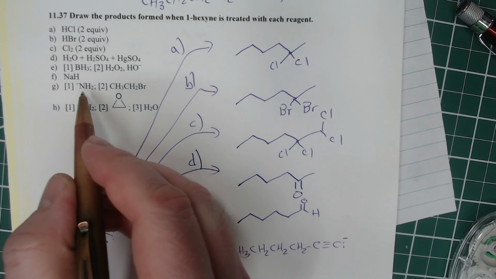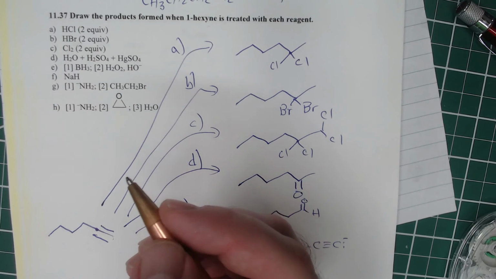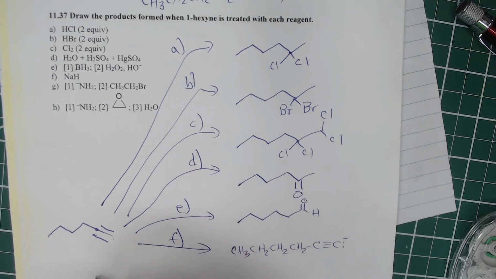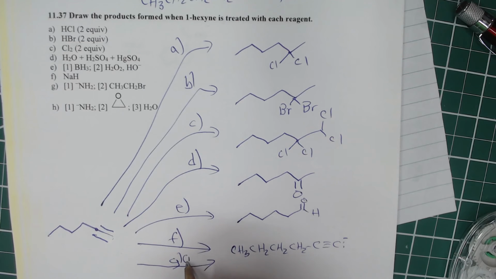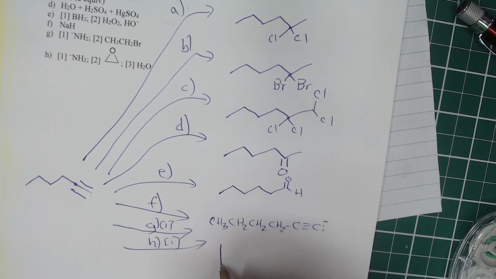All right. On this one, the first step on both G and H is deprotonation. So both G for step 1 and H for step 1 are going to form that same thing. But then we're going to have two different reactions.